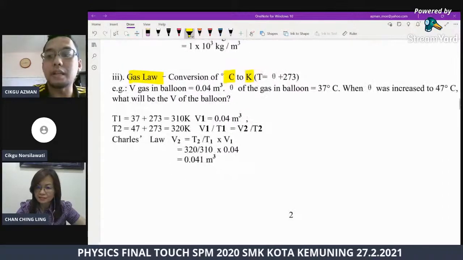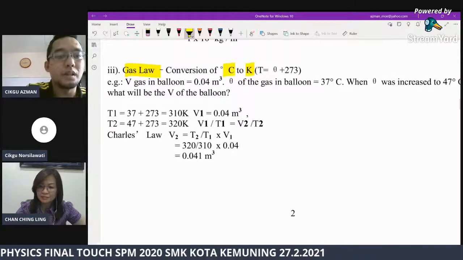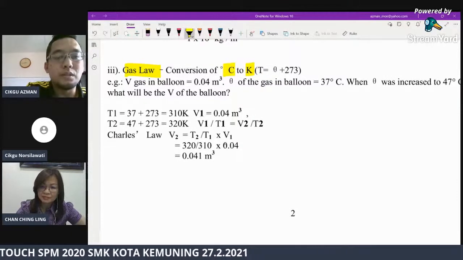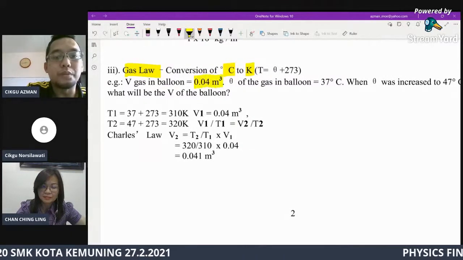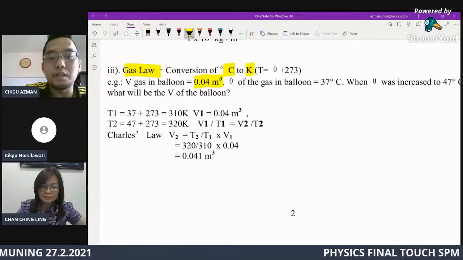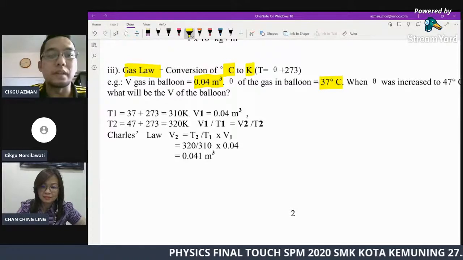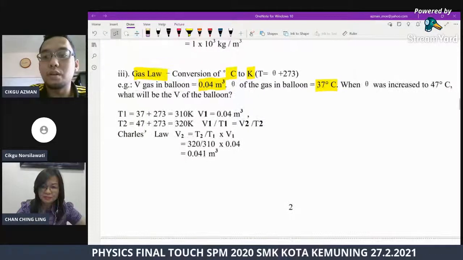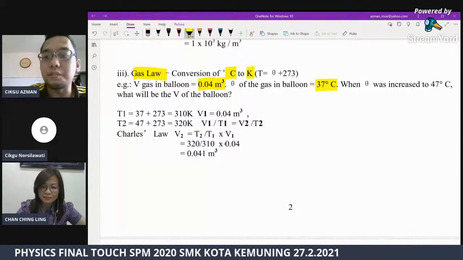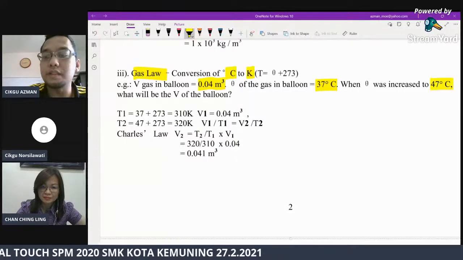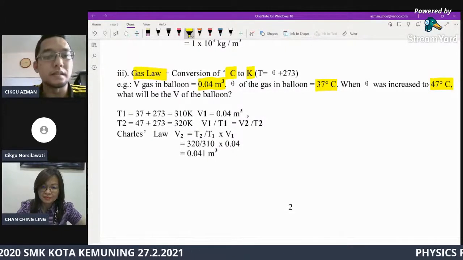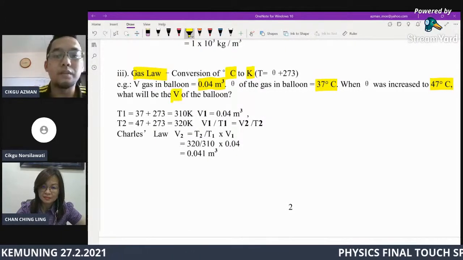Okay, let's take a look at example. So volume gas in balloon 0.04 meter cube. Temperature of the gas in balloon 37 degrees Celsius. When the temperature was increased to 47 degrees Celsius, what is the volume of balloon?